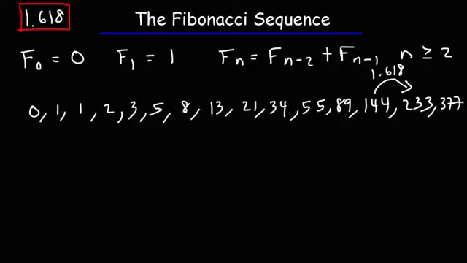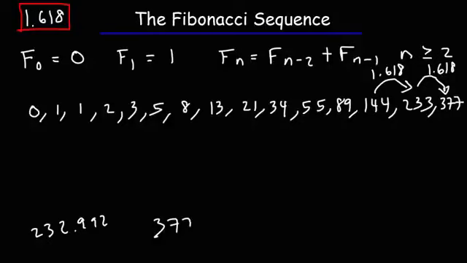If you type in 144 times 1.618, it'll give you 232.992, which is approximately 233. And then if you take 233, multiply it by 1.618, you can get the next number. This would be 376.994, which rounds to 377.